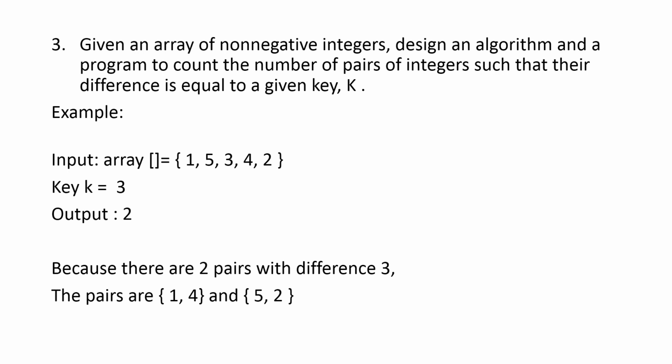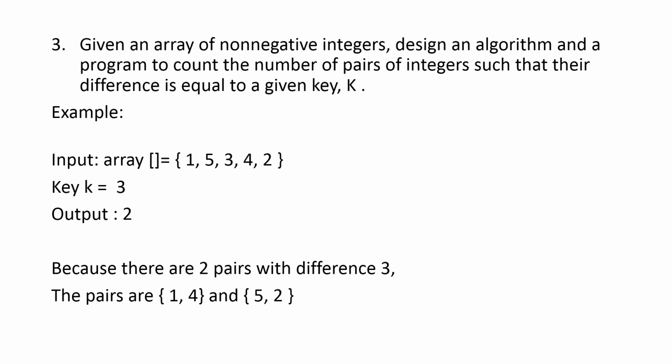So the very simple solution is that you have to compare all the pairs one by one and check whether their difference is equal to the key or not. If their difference is equal to the key, then you have to increment by 1.